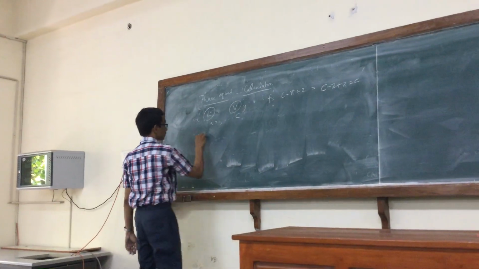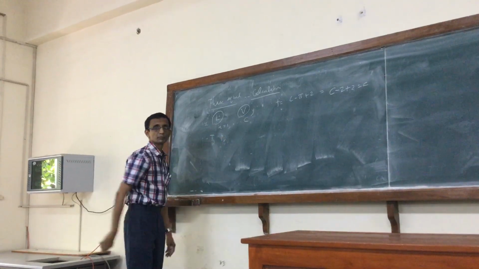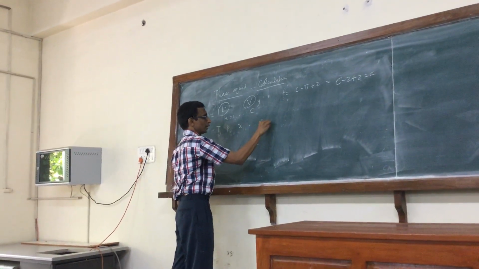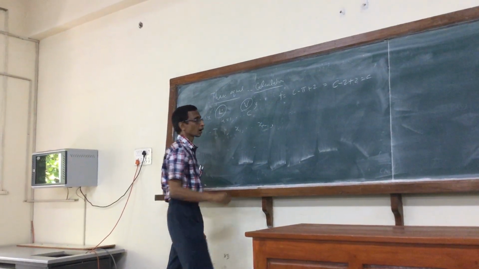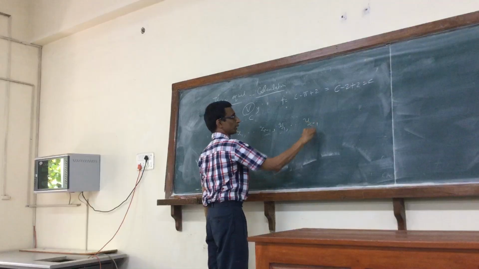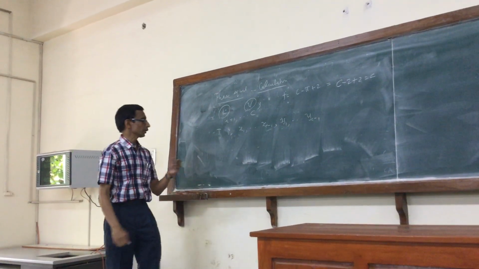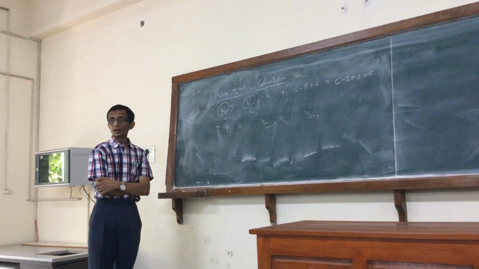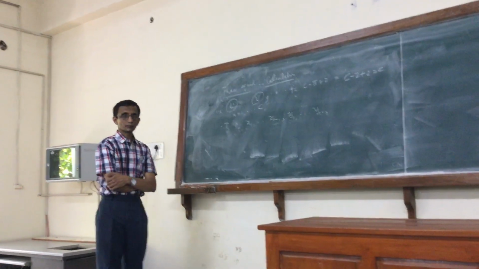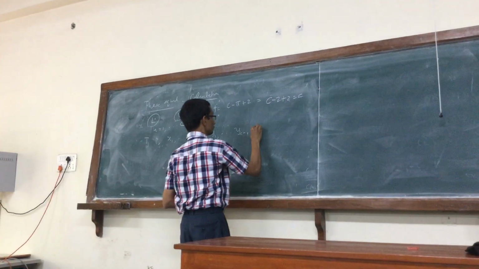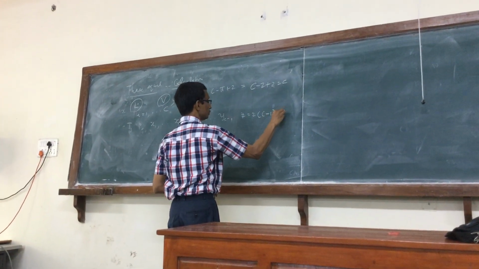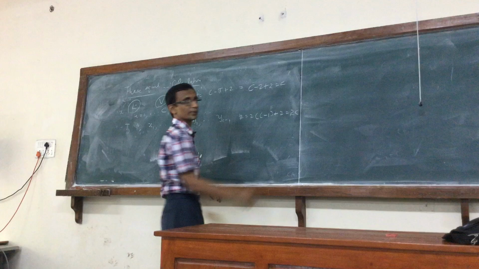So temperature, pressure, x1 to xc minus 1, y1 to yc minus 1. So how many variables are there? The number is 2 times c minus 1 plus 2, which is equal to 2c variables.